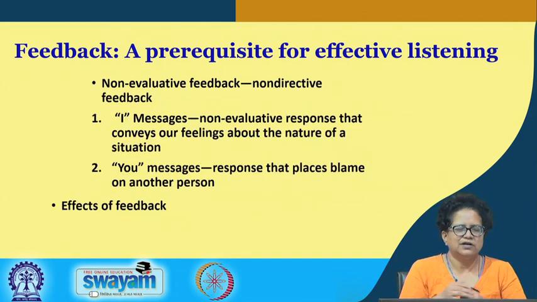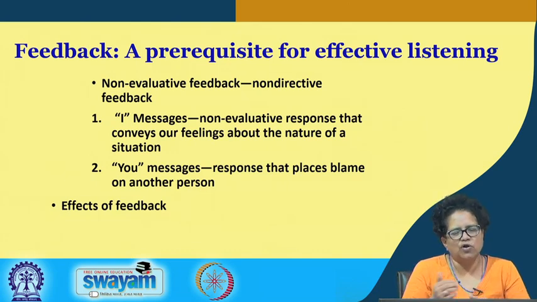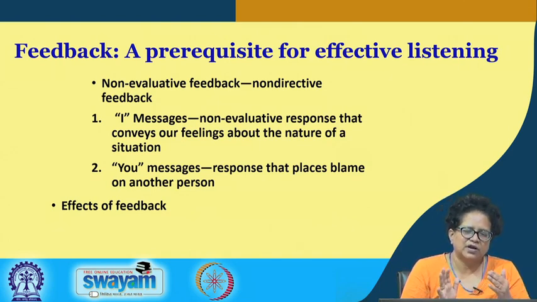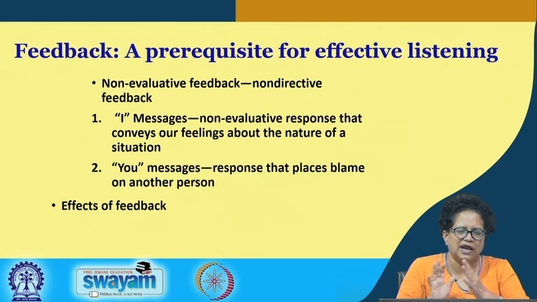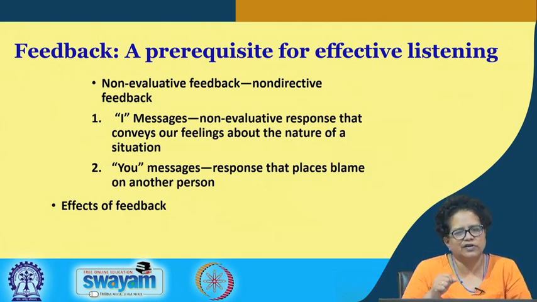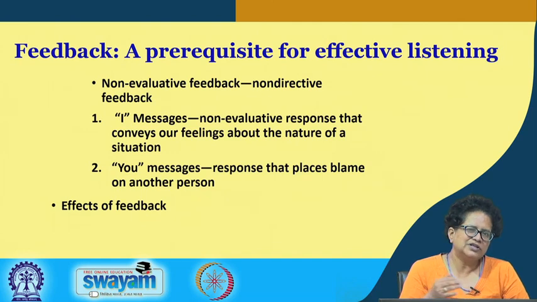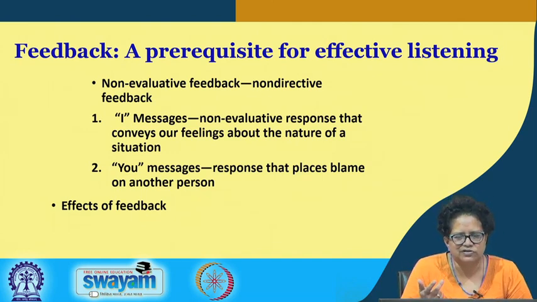We move further. Now, how do we give non-directive feedback? By non-directive feedback, I mean that we are not trying to direct, confront, or target the other in this kind of feedback. It is still non-evaluative feedback. For this we give two kinds of messages.